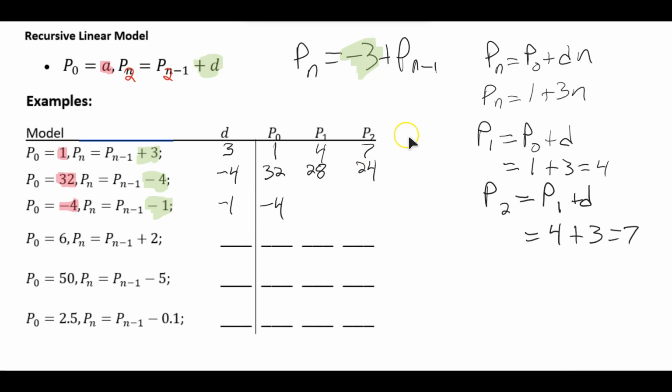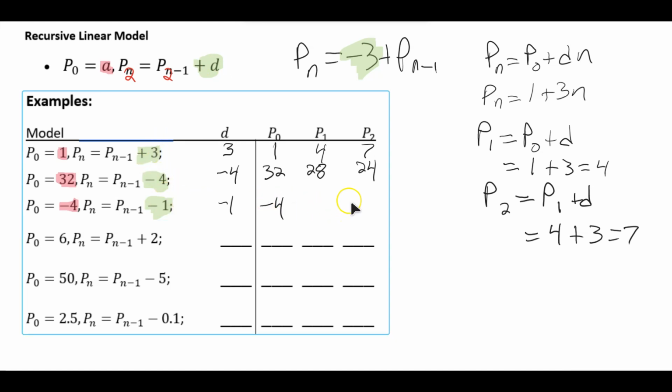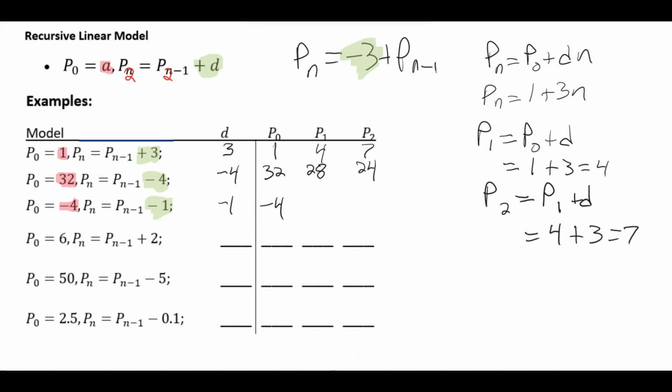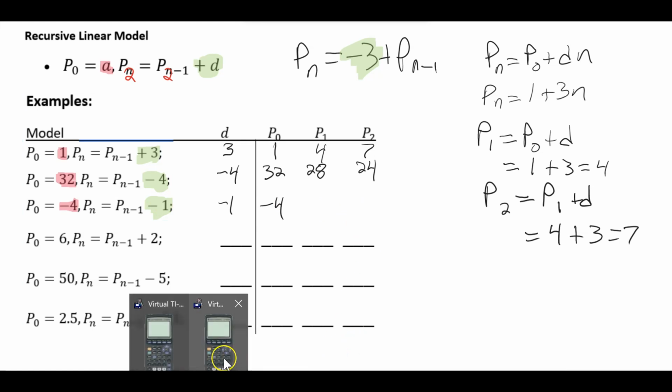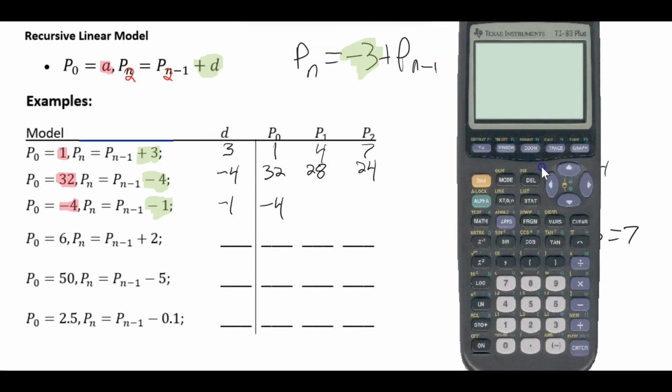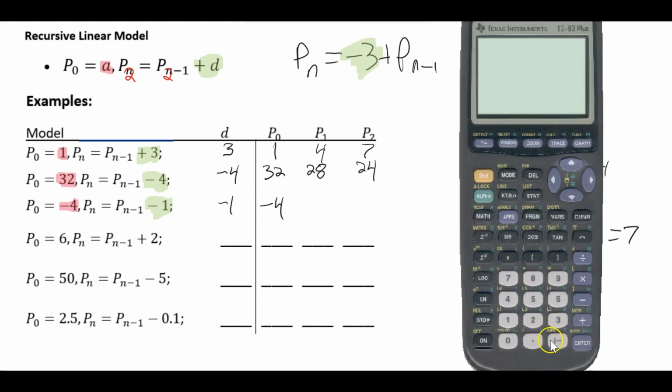So we can convert to an explicit model that we can just plug values in to find terms. We can do them one at a time using the formula that's provided, or we can understand that this is linear growth, and therefore it's either an add or a subtract sequence. The last way that I want to demonstrate requires you to have a calculator that has an answer button on it.